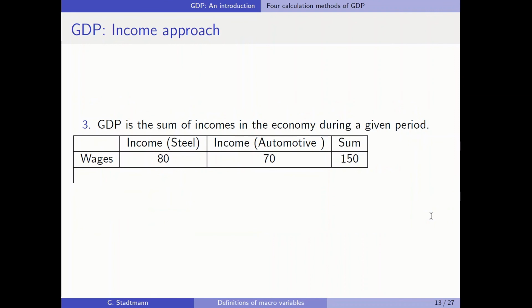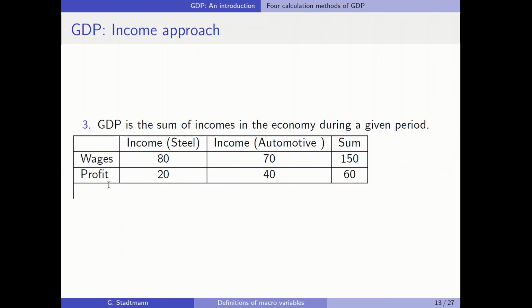Let's have a look at the income approach. GDP is the sum of the incomes in the economy during a given time period. So we have to sum up the wages in the steel company and the automotive company, which is equal to 150. And then we also have to add up profits.